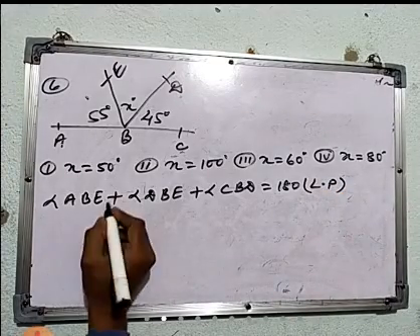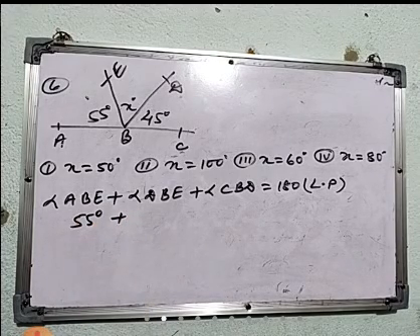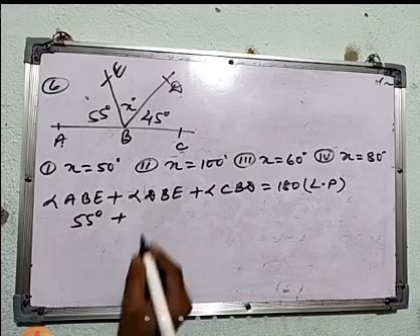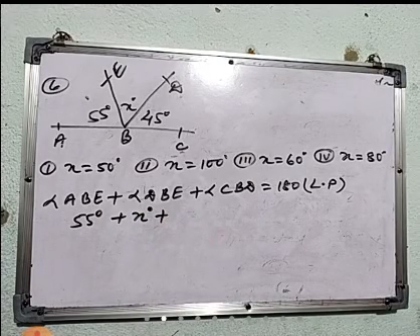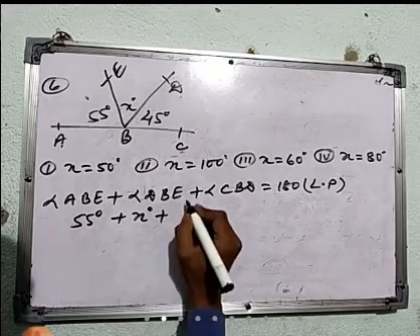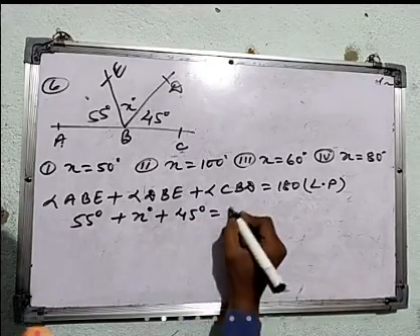The value of angle ABE equal to 55°. Now value of angle DBE equal to x degree and value of angle CBD equal to 45°, equal to 180°.